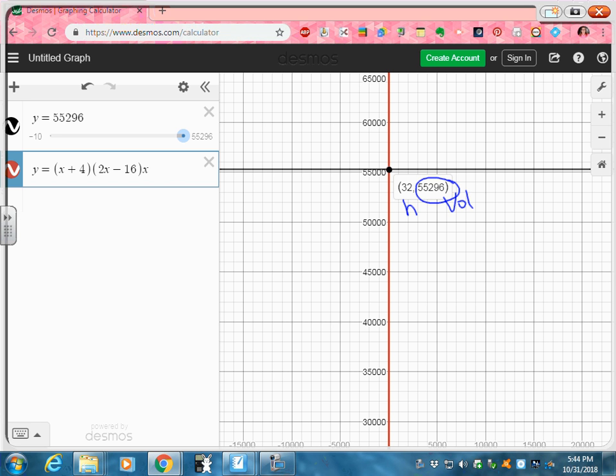Now, everybody understand how I found that? I'm putting both of them in my y equals, so I get where it crosses, and I just kept zooming out till I got up there, and then I zoom back in around where I'm at when I get to that point.